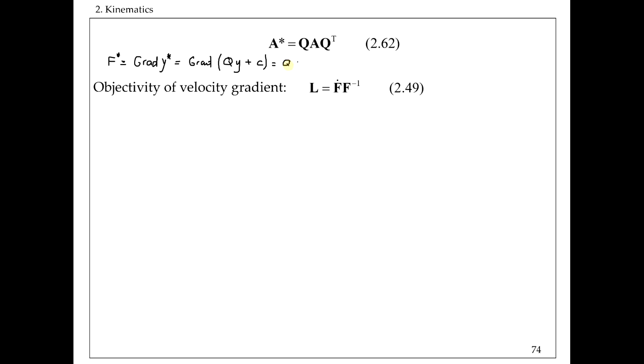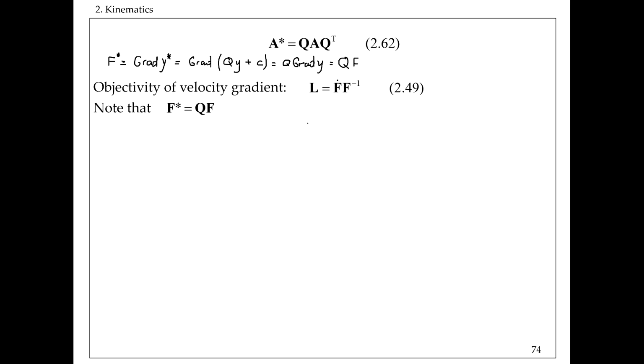That will be Q grad y, but grad y is nothing but F. So we can write that F star is obtained by applying the proper orthogonal rotation tensor Q on F. We don't have this additional term, so it does work differently for this 2-point tensor that is defined in these two configurations. So this is for F star.